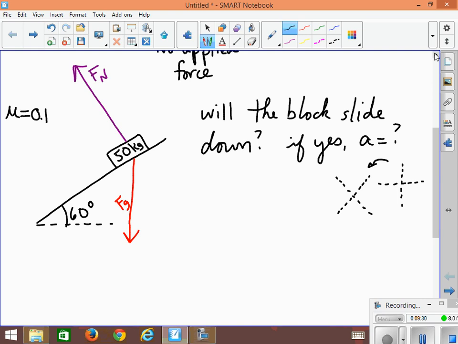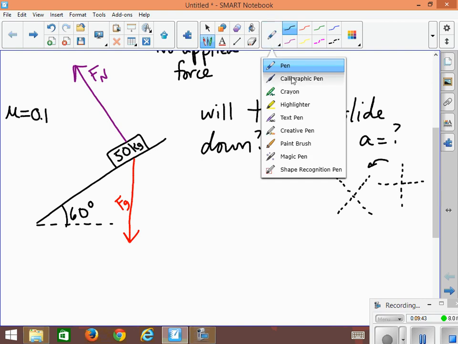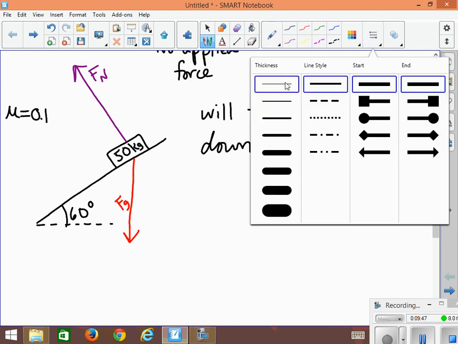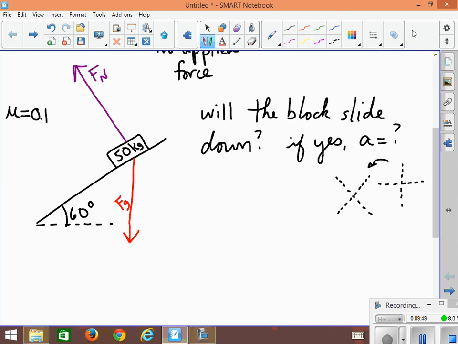So what we'll do is we'll take our x and y-axis and we'll tilt it so that it fits onto the inclined plane. So the x-axis now becomes the surface of the inclined plane. Let's just put a tiny little reference line here to show that that's now our x and y axis.